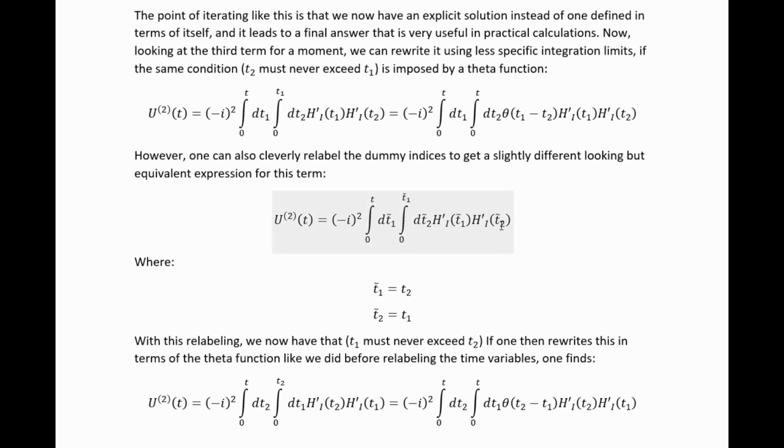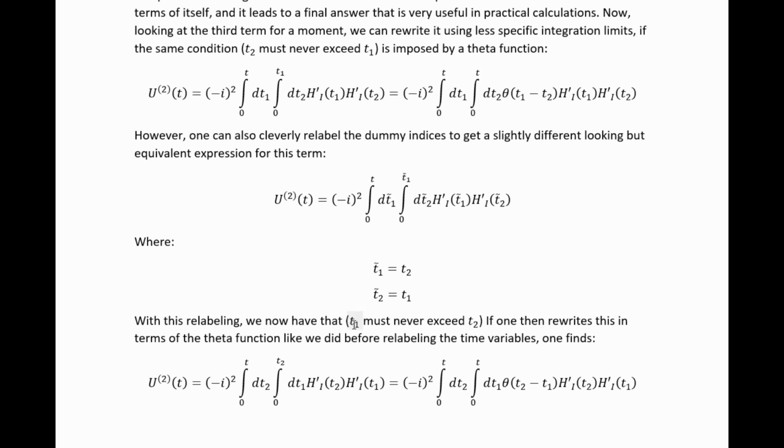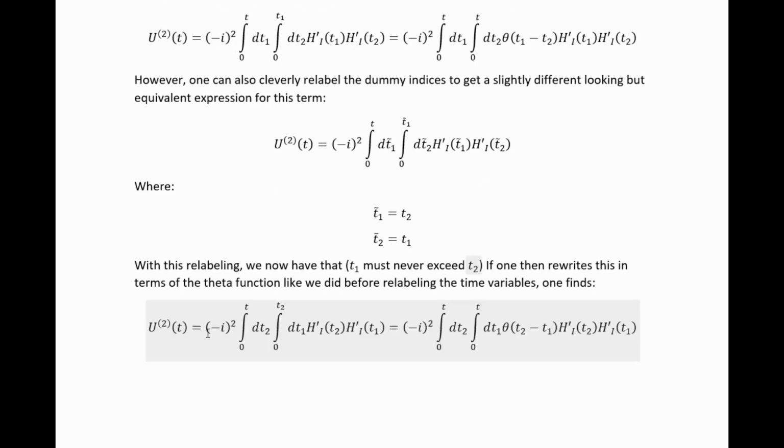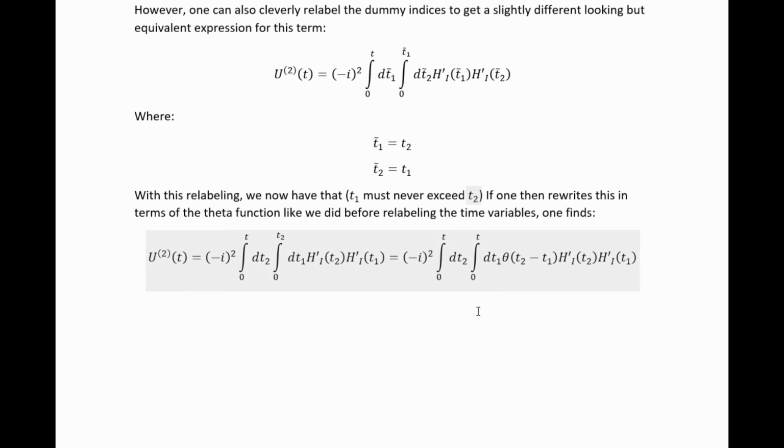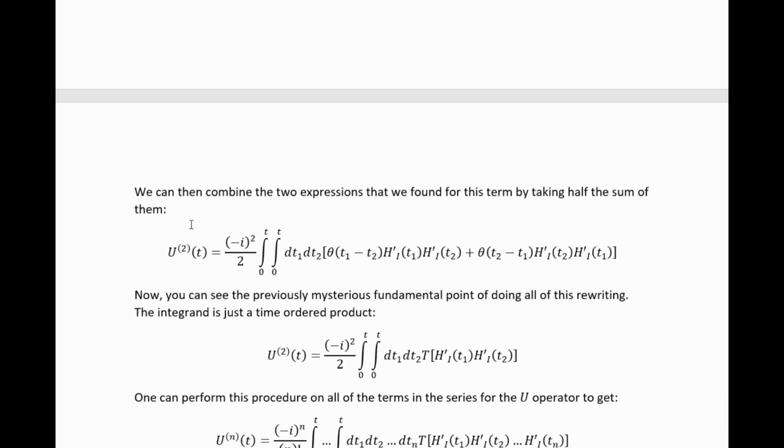So if we replace these with newly labeled versions where we take these tildes to be t2 and t1, and then recognizing that we must also flip the condition we had on them, that t1 must now never exceed t2, then we can get this expression for it, and we once again can make the integration limits less specific with this theta function. We can then combine these two to get this.